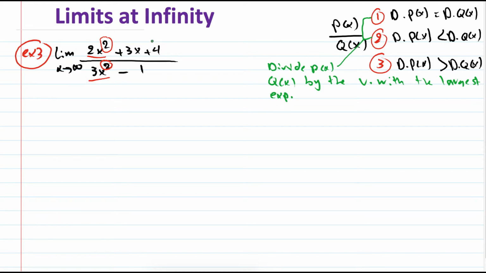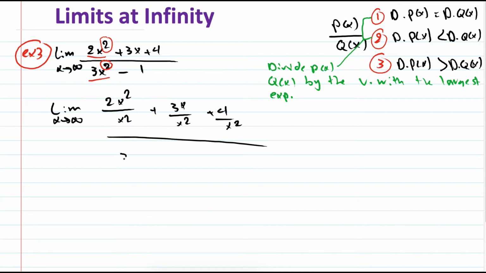I'm going to divide everything by x to the 2. So this will be the limit as x approaches infinity of 2x to the 2 over x to the 2 plus 3x over x to the 2 plus 4 over x to the 2, over 3x to the 2 over x to the 2 minus 1 over x to the 2. I'm dividing everything by x to the 2.